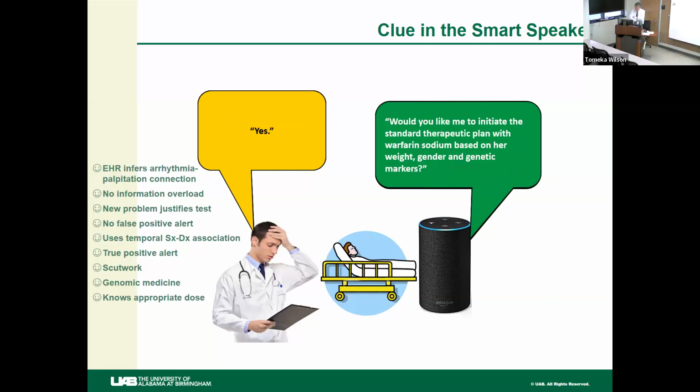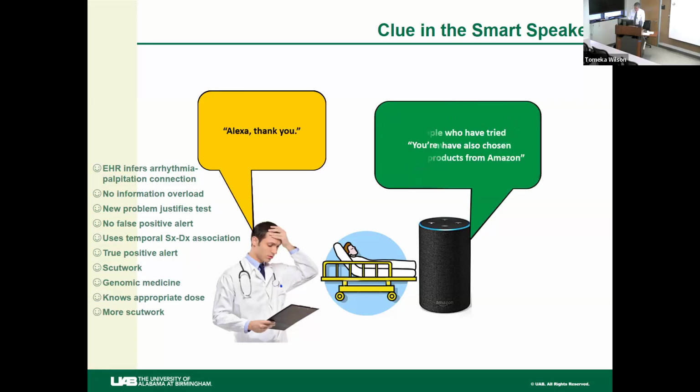Would you like me to initiate the standard therapeutic plan with warfarin sodium based on her weight, gender, and genetic markers? Yes. Okay. Orders have been placed for warfarin sodium, follow-up prothrombin time test, and appointment at the anticoagulation clinic. Alexa, thank you. You're welcome, Dave. Many people who have tried cardioversion have also chosen products from Amazon.